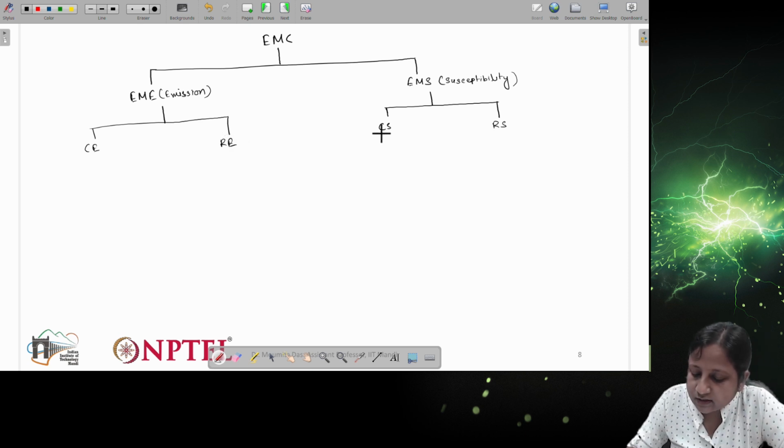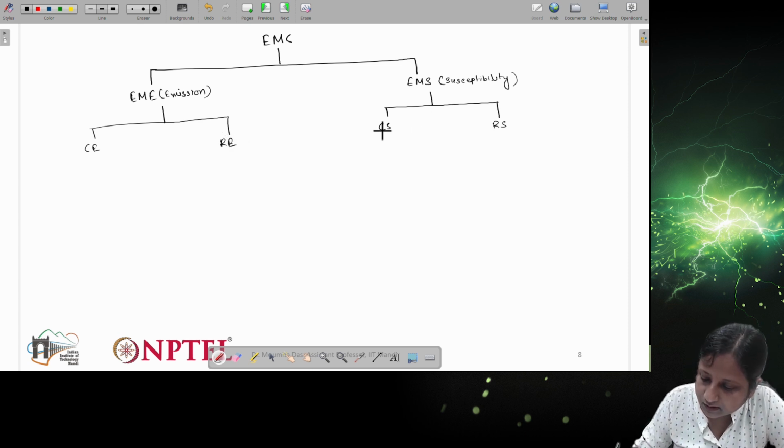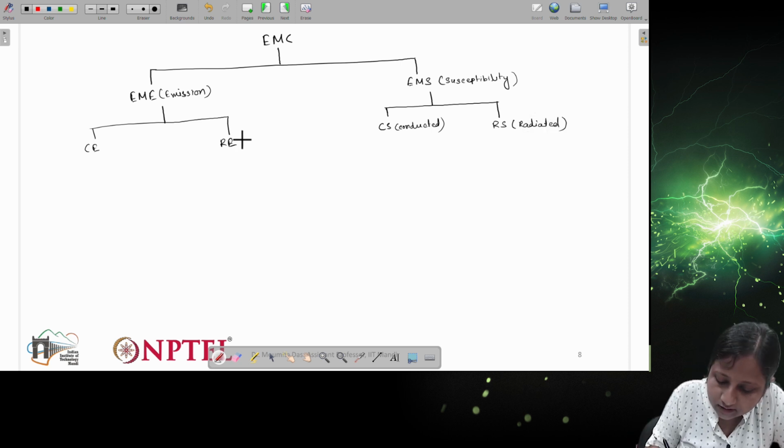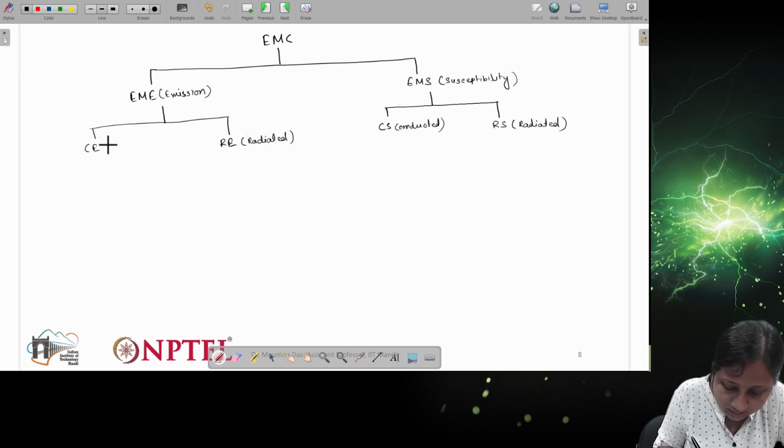So here C is for conducted, I'm just writing the one, so C is for conducted and R is for radiated. Similarly, it is for radiated, and then conducted.